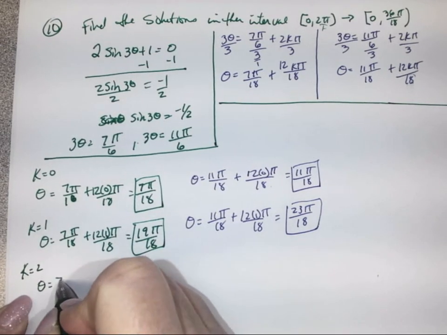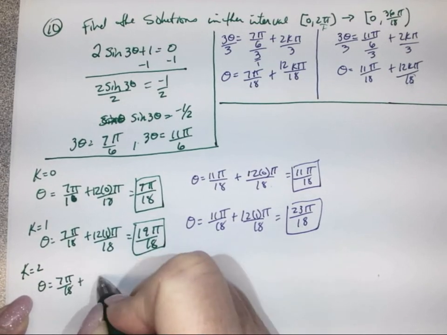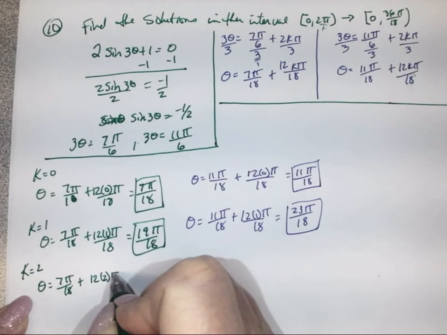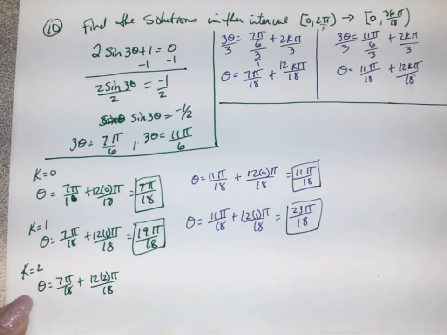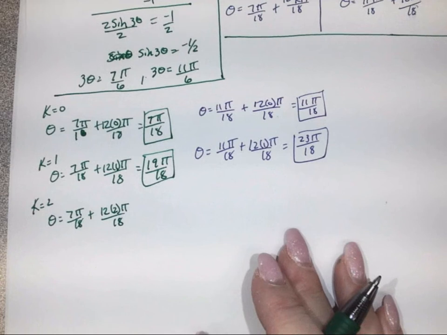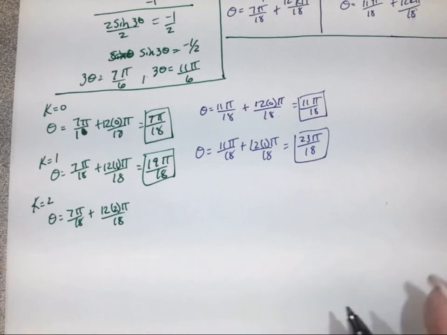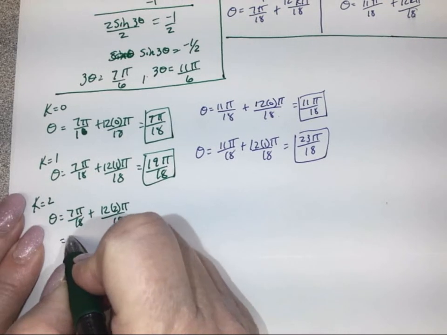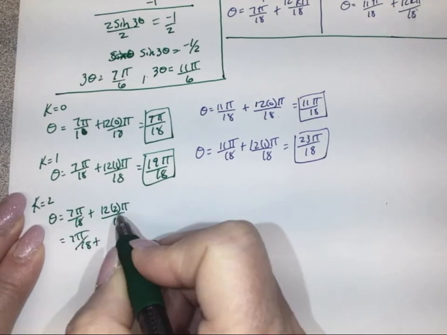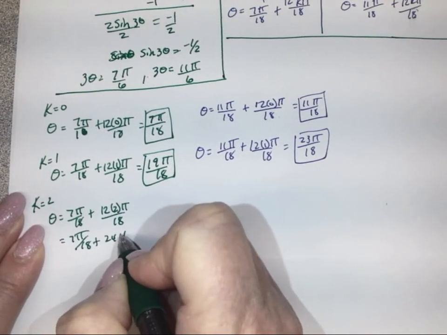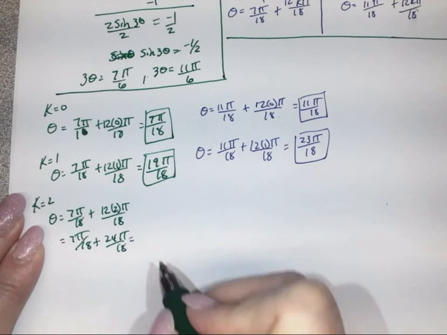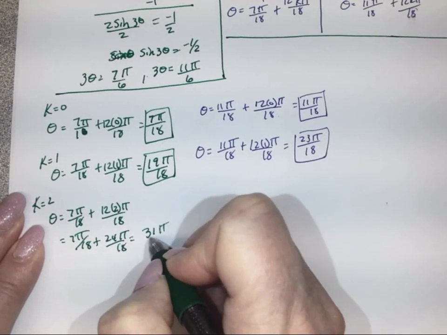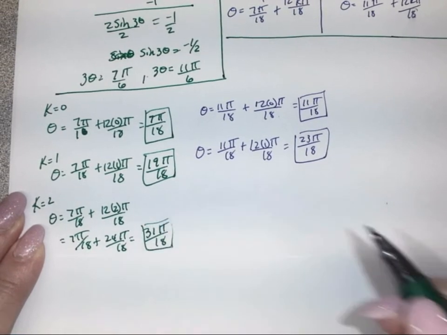So theta is equal to 7 pi over 18 plus 12 times 2 pi over 18. This one has a little bit more to it, so I'm going to actually rewrite that. So it'll end up being 7 pi over 18. 12 times 2 will be 24 pi over 18. And when I add those, I get 31 pi over 18.